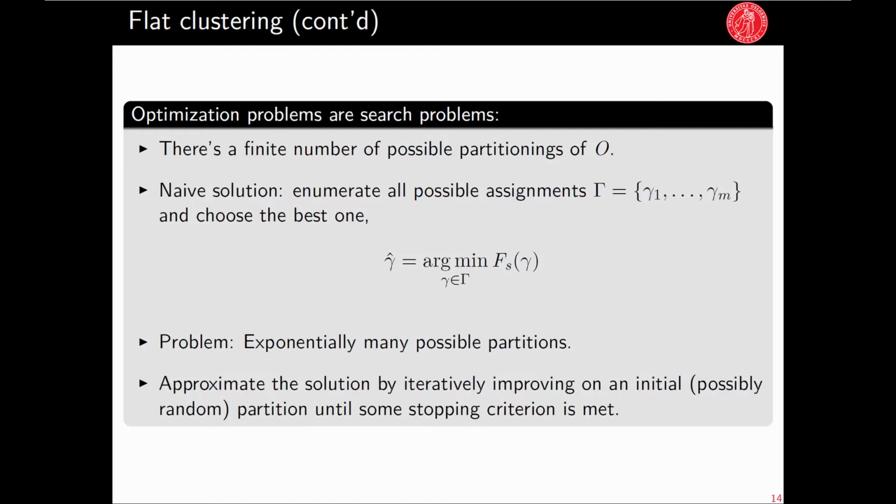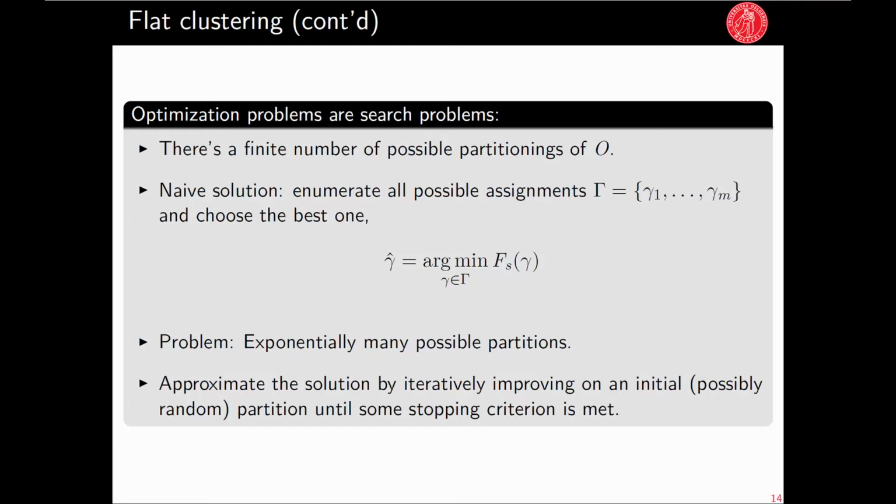But of course, this won't work in practice because there are exponentially many ways to define clusters over a set of objects, and exponentially many ways to partition the data.